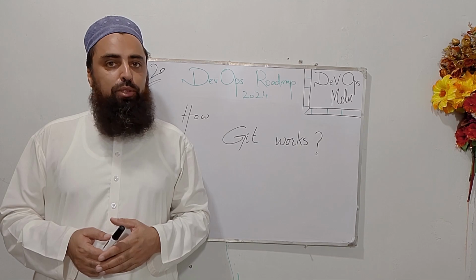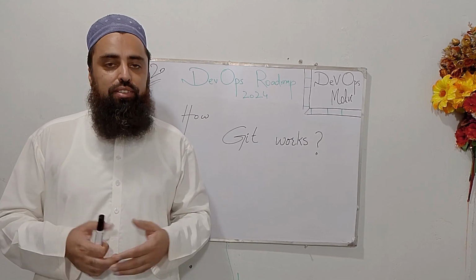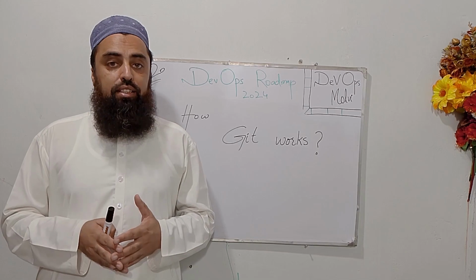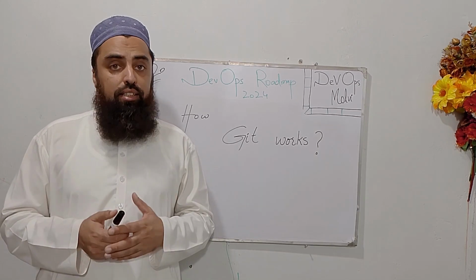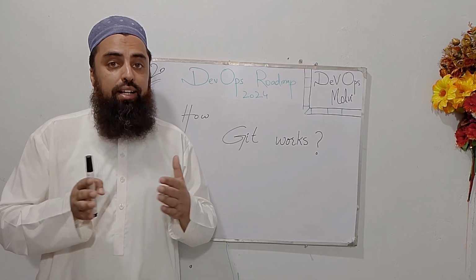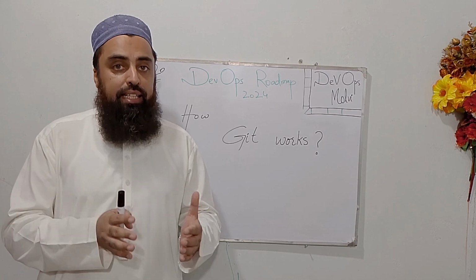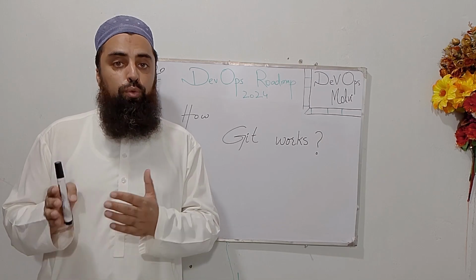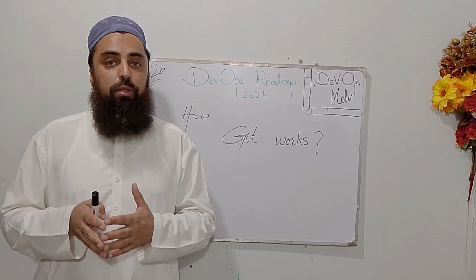This is our chapter number 20 where we are going to talk about how Git works. In the previous lecture we discussed what Git is, and we also discussed the difference between centralized version control and distributed version control. We know that Git is a distributed version control system. It is open source and freely available.